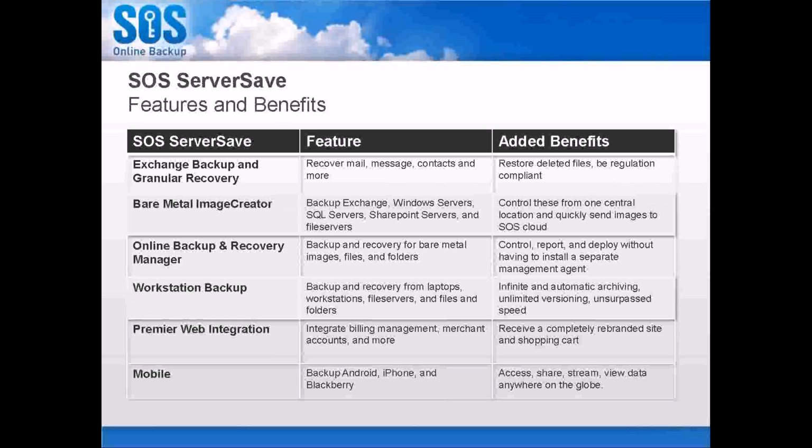Then we have the Premier Web Integration Package. Again, this is not simply unique, it is absolutely unique. We are the only company out there today that is providing a web integration package. We're going to ask that you give us a domain. You change the domain to our DNS, and then we install this web package for you, and it allows you to control web content, allows you to control account management services, so plugins to our APIs for that, and then content management system, billing integration, mass email.